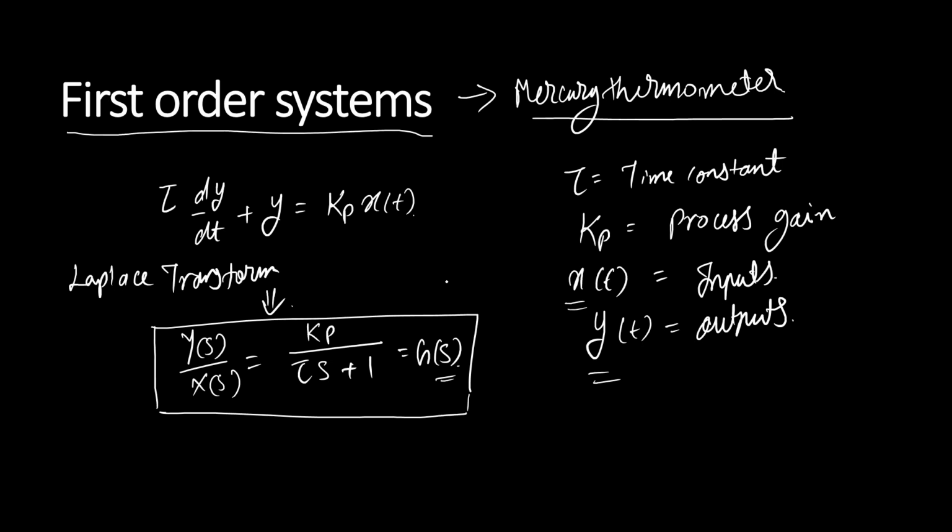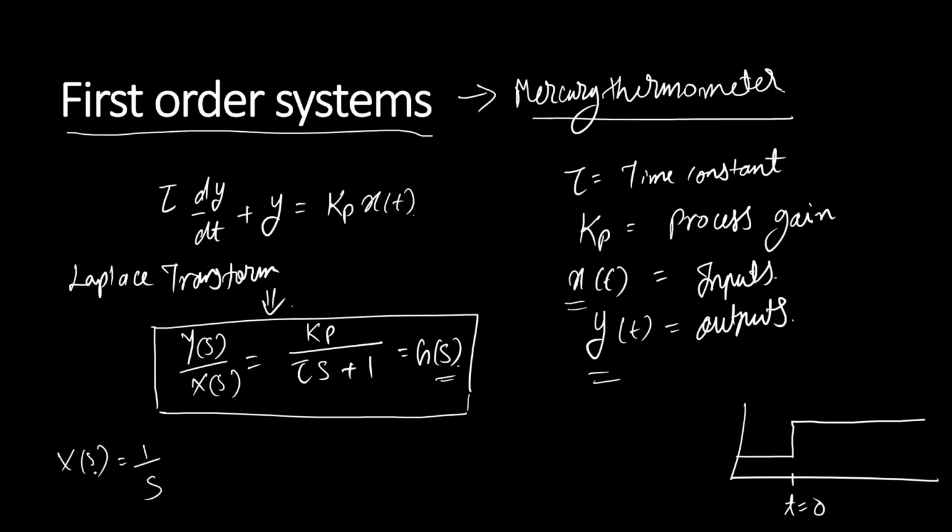Now to bring this system into the time domain, we need to provide the input. Let's consider that the input is a step input. Basically we have a constant value, and at time t equal to 0 we change the input of the system and then keep it constant. This is known as a step input, and its general form is a by s.